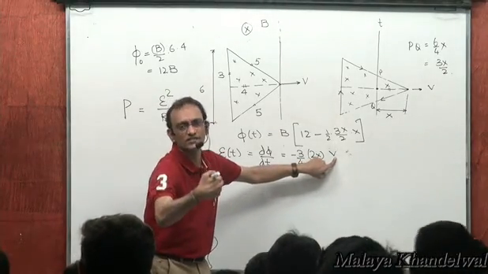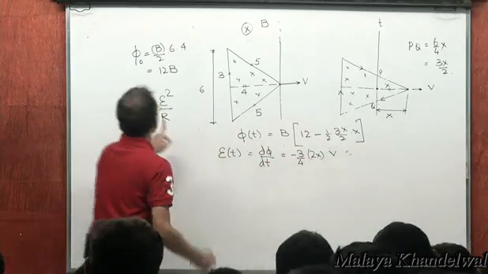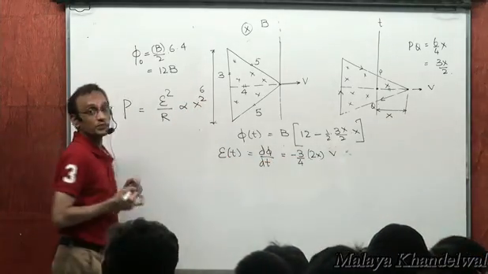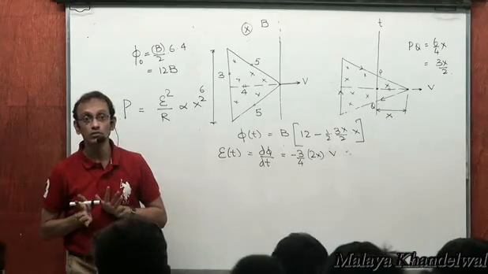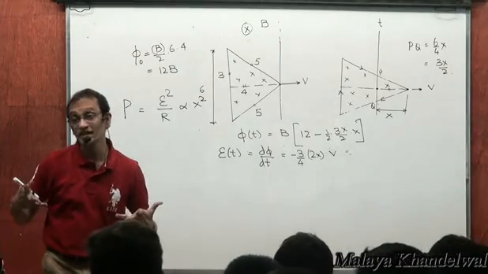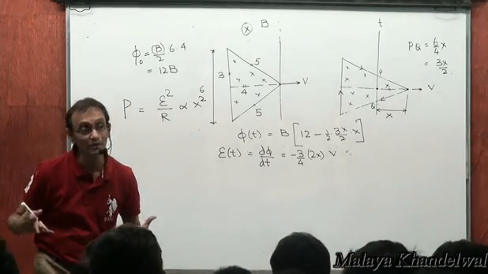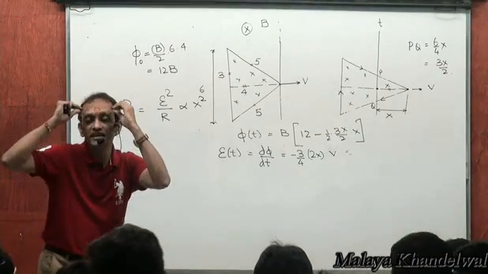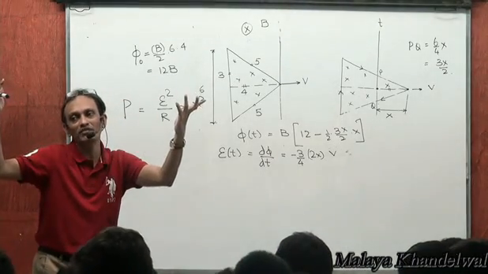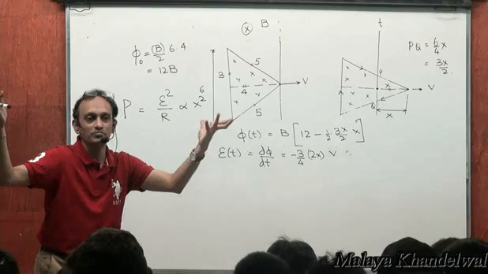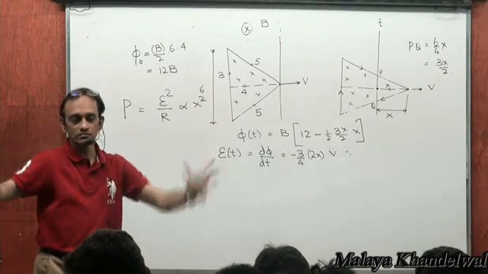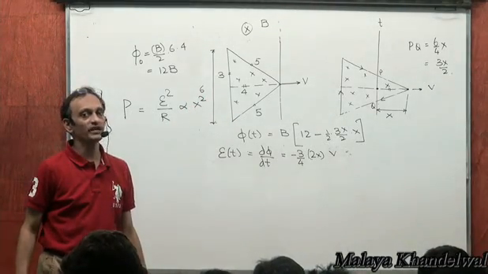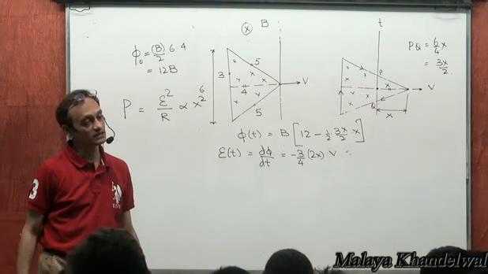It's moved out with constant velocity. So power is proportional to x squared. Yes or no? So power would be some constant times x squared. That means power versus x would be a parabola. Is it not? Parabolic variation of power versus x.